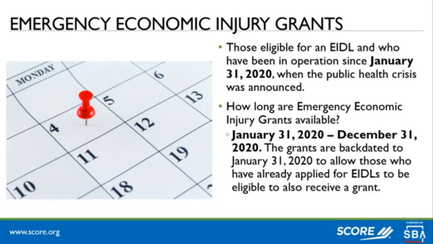So if a company has been in operation since January 31st of this year, when the crisis was announced, the emergency economic grant is available from that point in time, January 31st of this year, until December 31st at the end of the year. And the grants are backdated to January 31st.